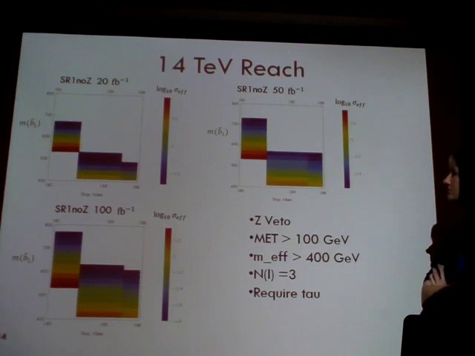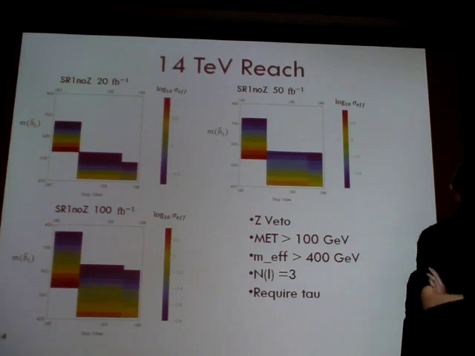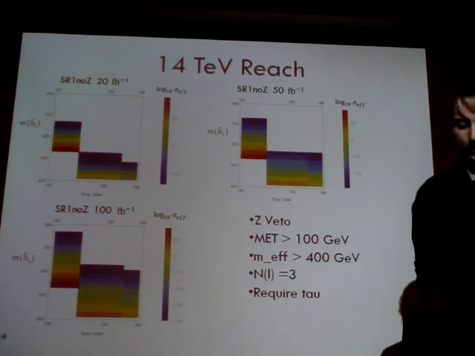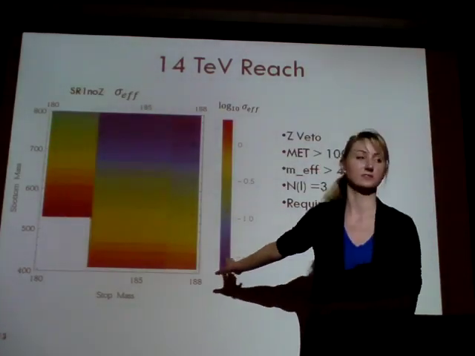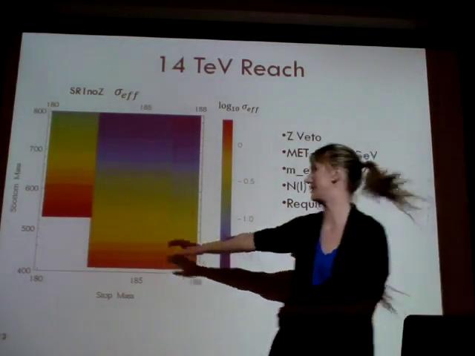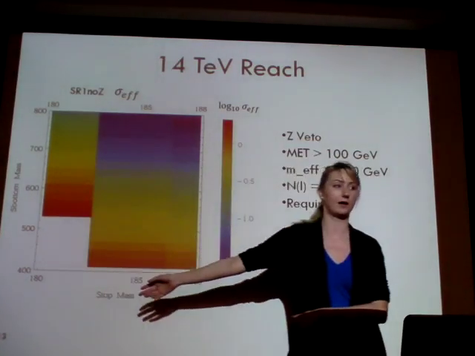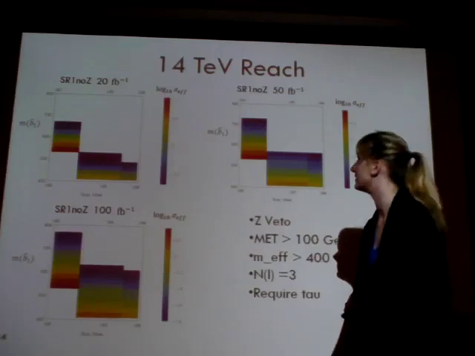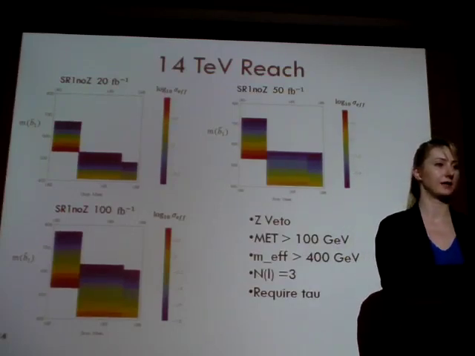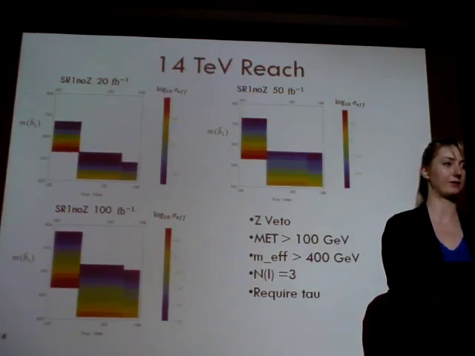I see that red is good, but for exclusion, anything that's not white is something you could exclude. So here is just the effective cross section for the bin at 14 TeV, cutting out what I said 8 TeV would rule out. And then here I cut out the things that you wouldn't be able to have a good significance for.